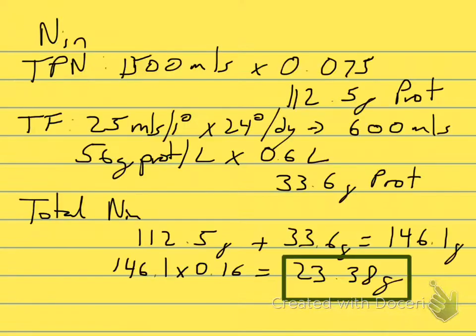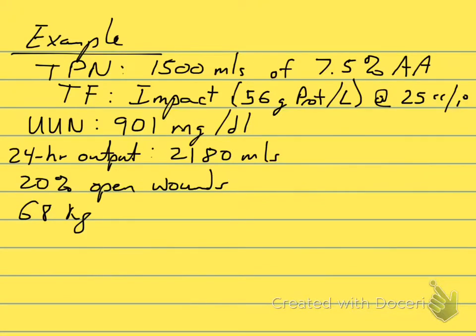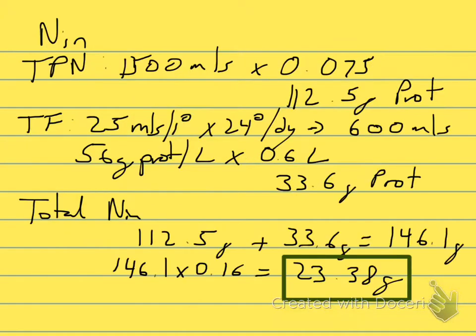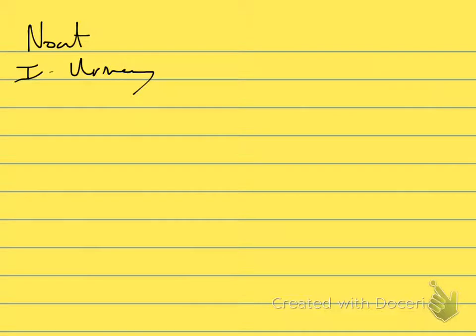So first we're going to look at the urinary side for urinary losses. So this is nitrogen out, number 1, urinary. So we know from our labs that we pulled back here, where did it come from? The labs, we had our urinary urea nitrogen, 901 milligrams per deciliter.